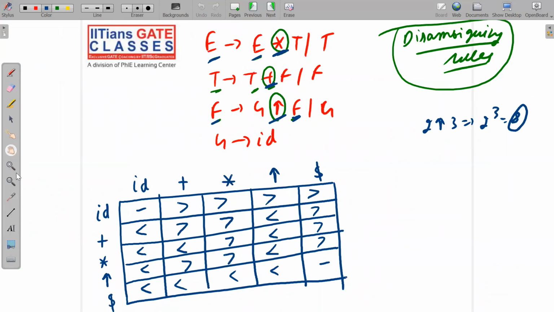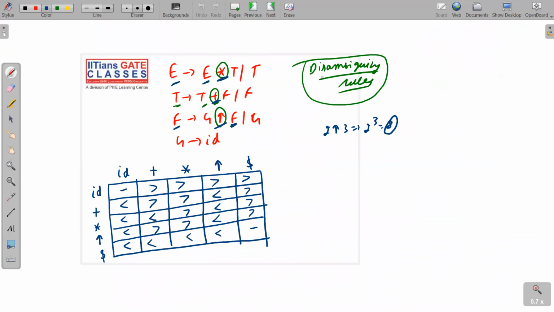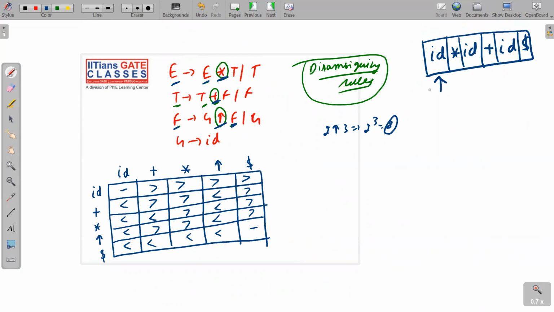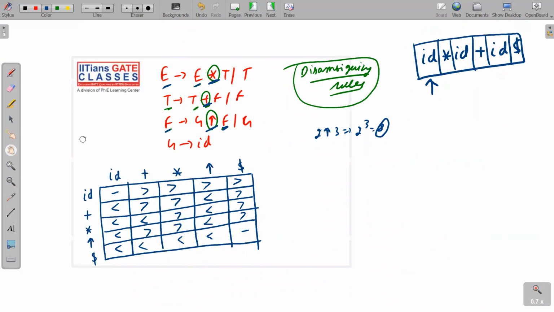For this question, let me show you. The string is ID star ID plus ID and dollar. This is our string. The lookahead pointer is pointing to the first symbol.